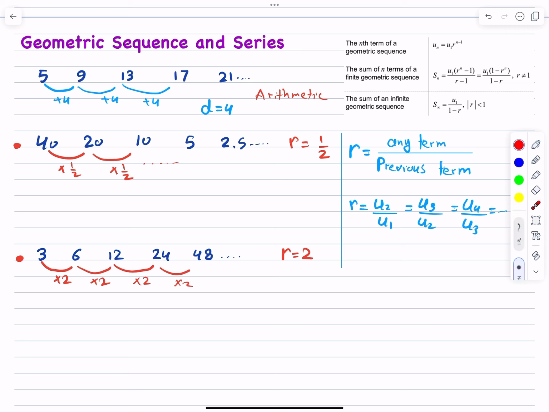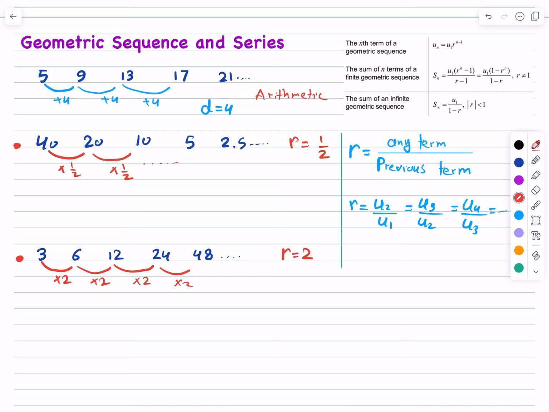So here, notice that if we divide 48 by 24, we would get 2, and it will be the same if we divide 12 by 6. Here, if we divide 5 by 10 or 10 by 20, we would get the common ratio half.